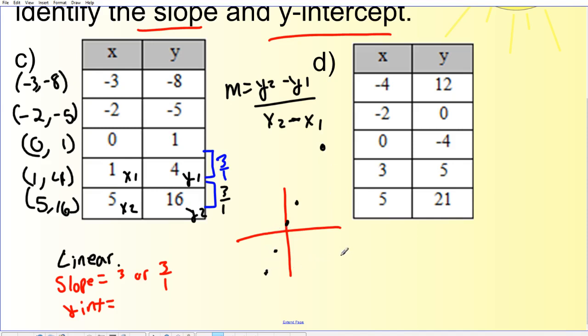Whatever, right? The y-intercept is right there. It's always going to happen when the x value is 0. So my y-intercept is actually the value 1. That's where my line crosses the y-axis.